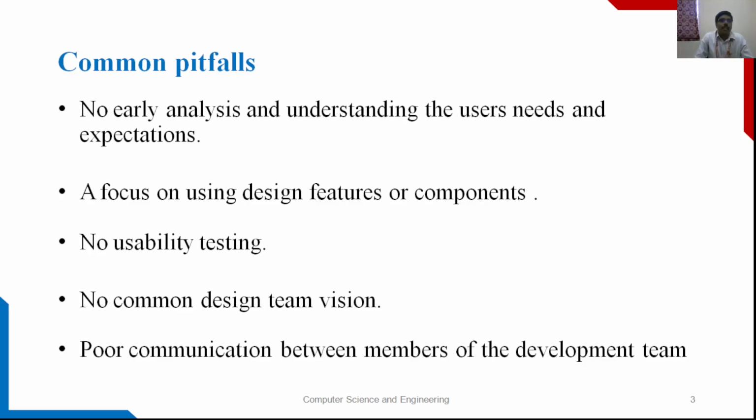A few common pitfalls are no early analysis and understanding of user needs and expectations, a focus on designing features or components, no usability testing, no common design team vision, and poor communication between the members of the development team.